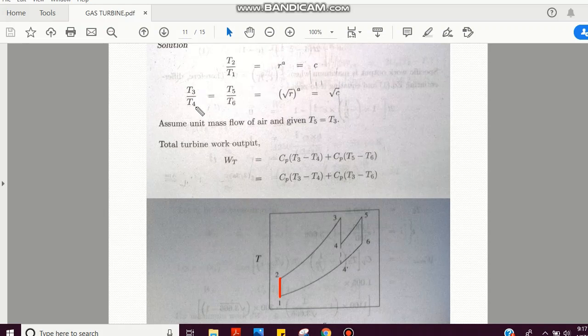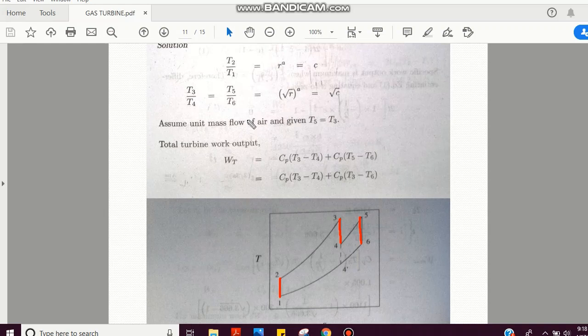Now T3 by T4, the turbine process: 3 to 4 and 5 to 6 is the turbine expansion process. So T3 by T4 is equal to T5 by T6, that is equal to root C, or root over R to the power a.